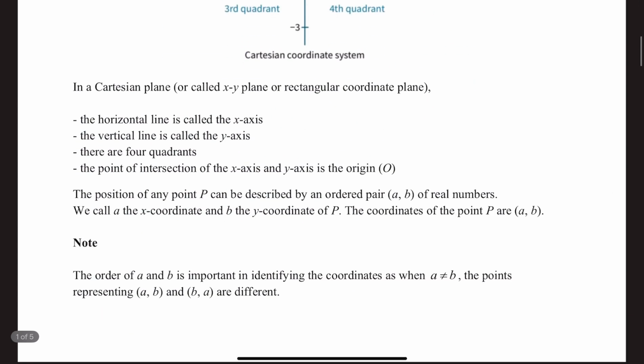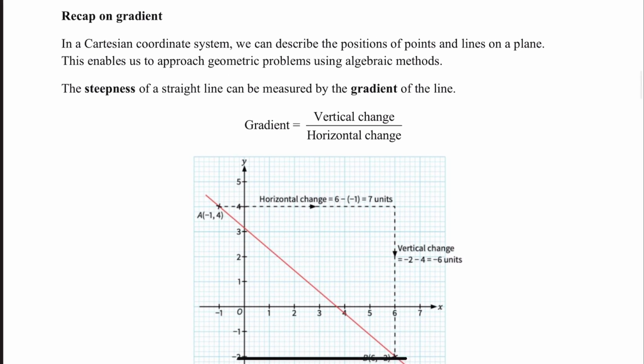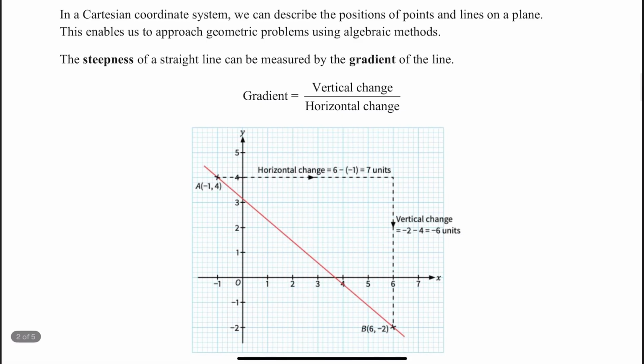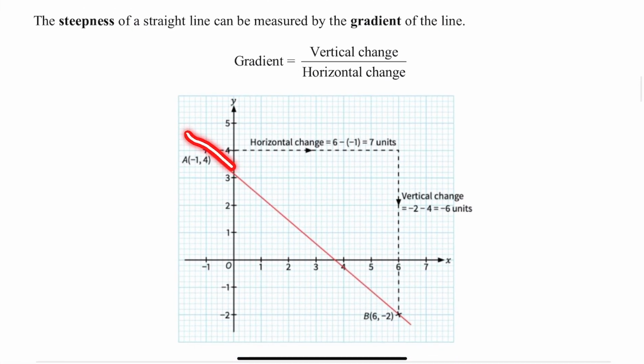Okay, so we can now look at the next part. We have also learned before how to find the gradient of a line. So let's say I have this line over here. In order to find gradient, the formula is simply the vertical change over the horizontal change.